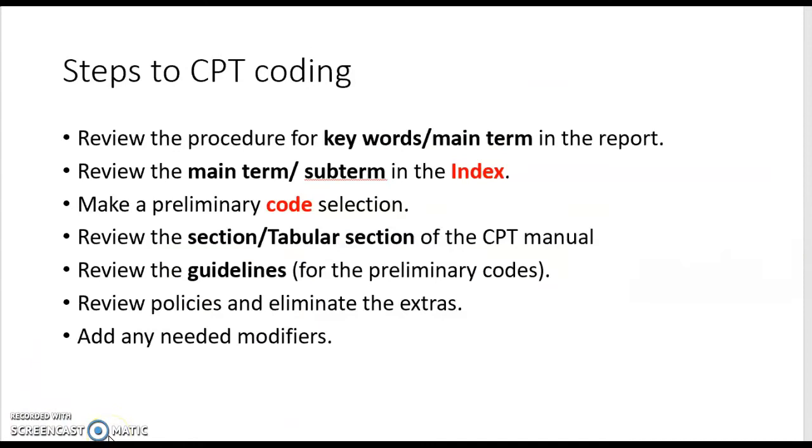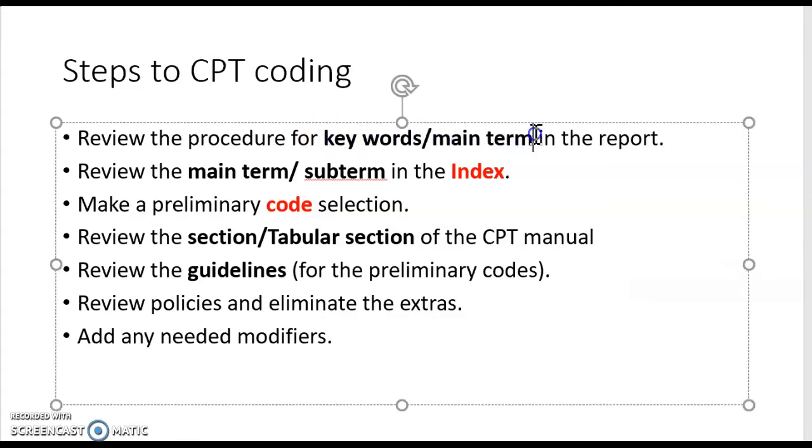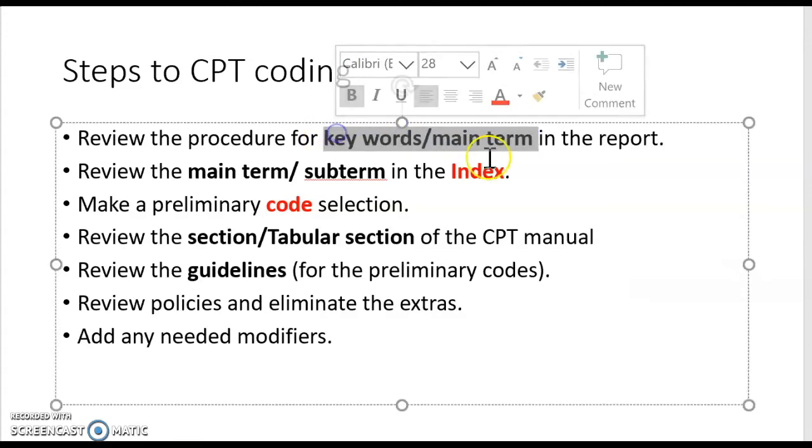What are the main steps of CPT coding? Remember, we have to follow these steps, and since you have this video to go from, make sure you write them down in your CPT coding manual somewhere so you can remember and follow those steps every time. So the first thing we want to do is always read the procedure wherever it is in the medical report and find the keywords. The keywords are your main term in the report.